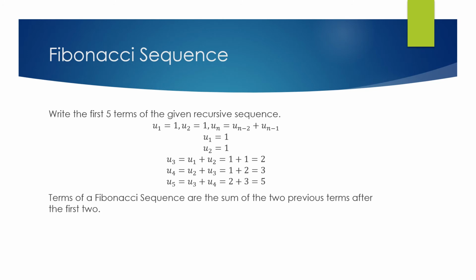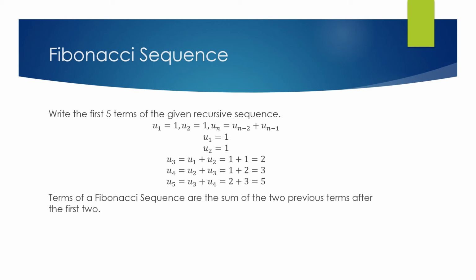A Fibonacci sequence is shown below. It says write the first 5 terms of the given recursive sequence. Well, we have u sub 1 equals 1, u sub 2 equals 1, u sub n equals u sub n minus 2 plus u sub n minus 1.